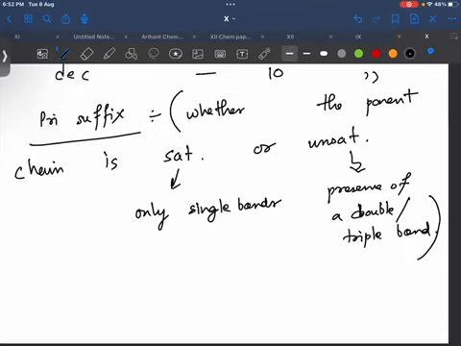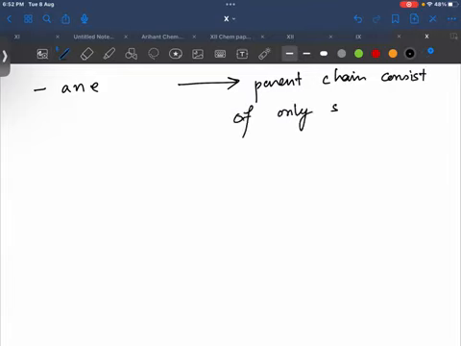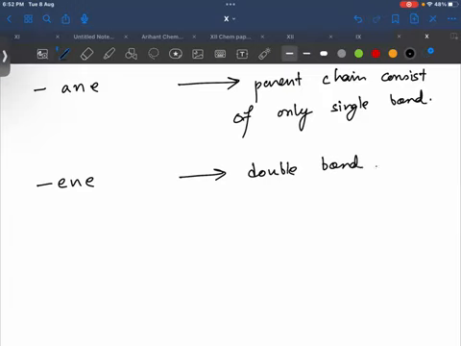If you use your primary suffix as "-ane", that means the parent chain consists of only single bonds. If you use "-ene", that means it consists of a double bond, and single bonds, though obviously they will be there, but no triple bond.